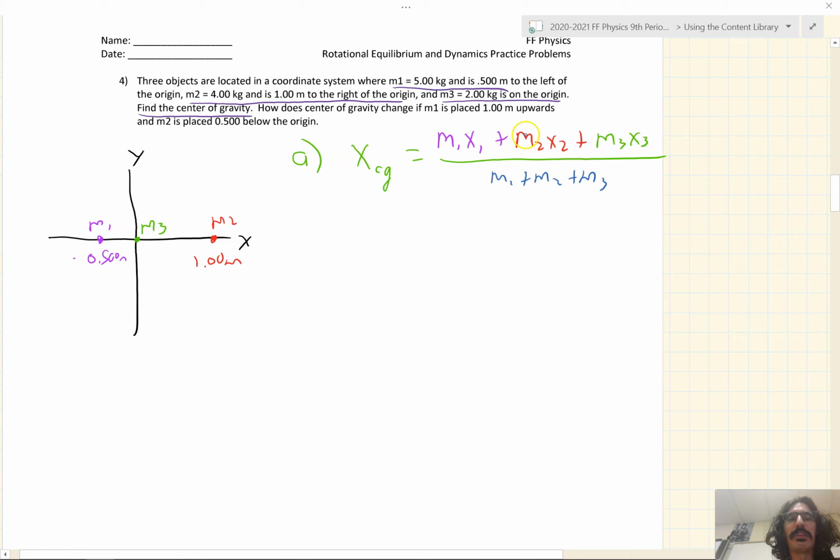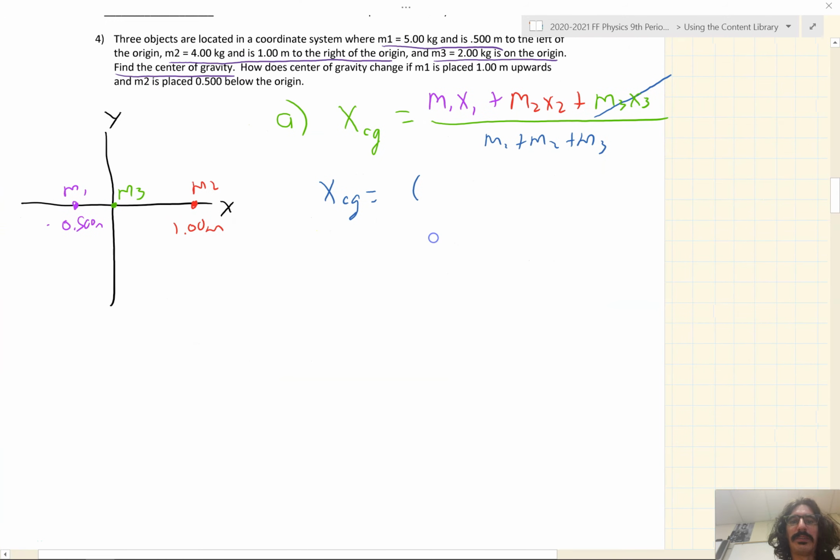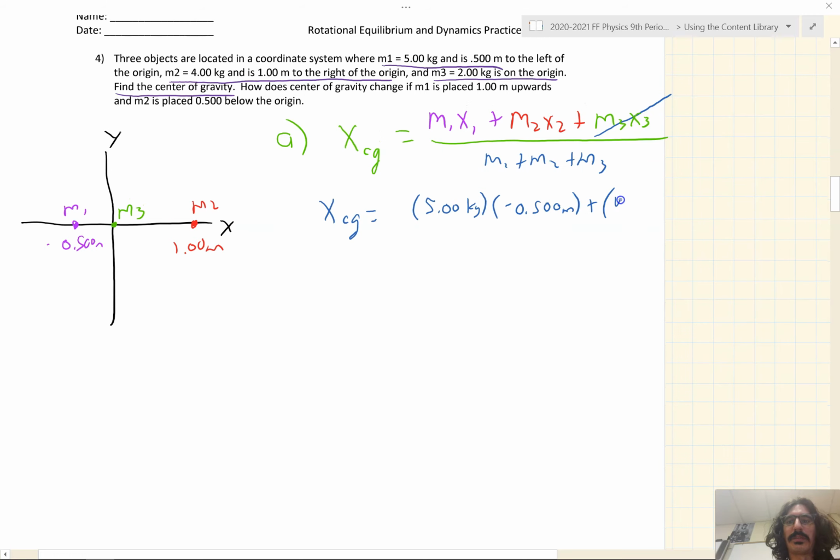As we can see, M3 is right on the origin, so its x is 0. So we're going to get rid of M3 on the top. And now we just plug and chug to get the center of gravity. That gives us M1, 5 kilograms, times negative 0.500 meters, plus M2, 4 kilograms, times 1.00 meters.